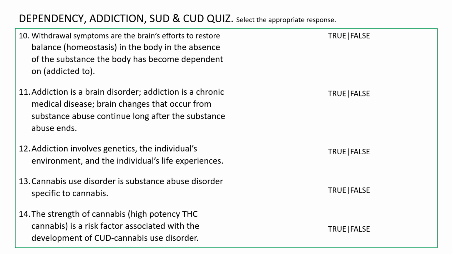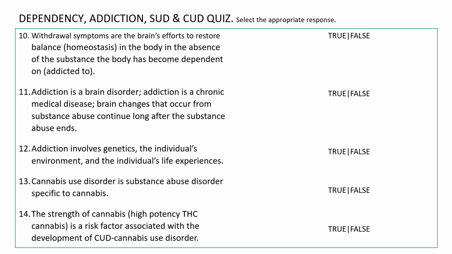I'll give you a second to review questions 10 through 14. Number 10. Withdrawal symptoms are the brain's efforts to restore balance in the body in the absence of the substance the body has become dependent on.